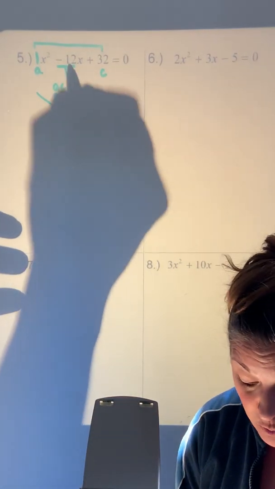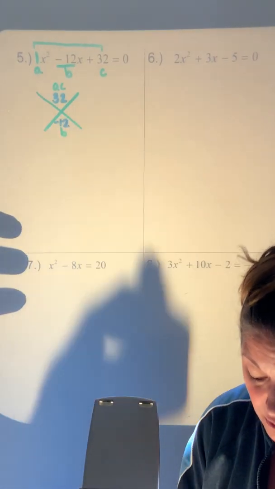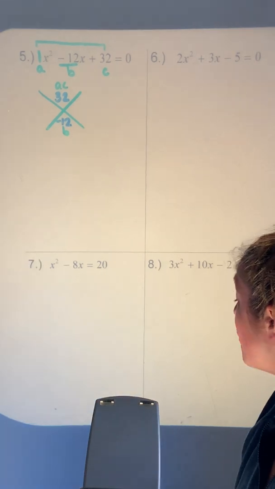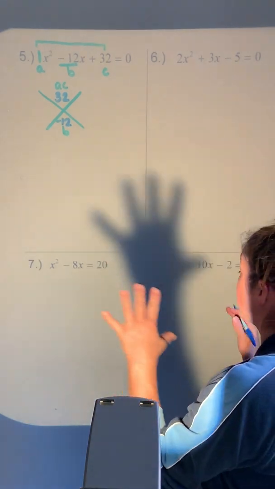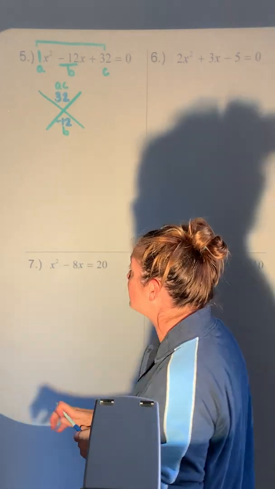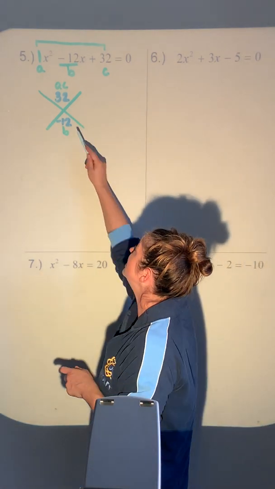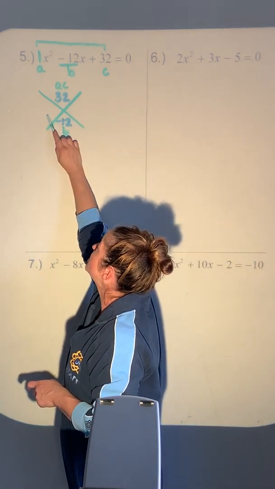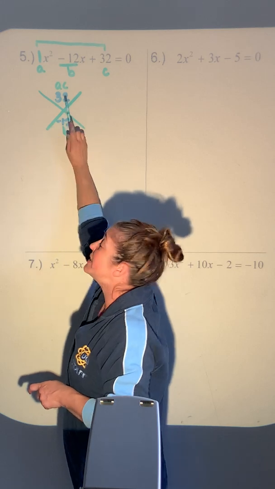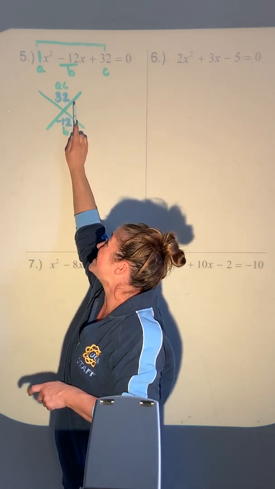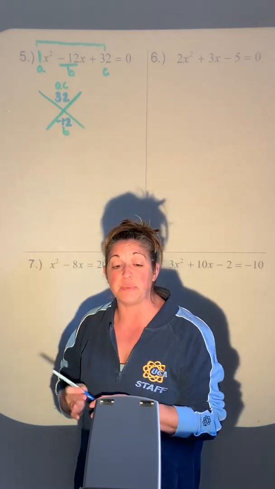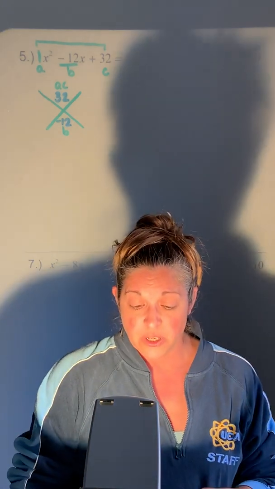The B value was a -12, so that would go right here. And what this X is doing is just reminding you of what you have to do to find your size. You need to find the 2 numbers that will multiply to be 32, but then at the same time they have to combine to be -12.